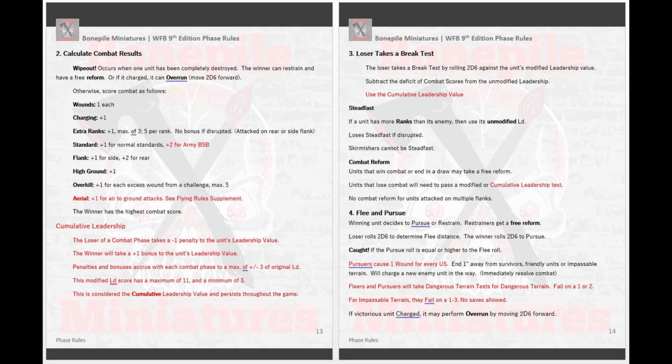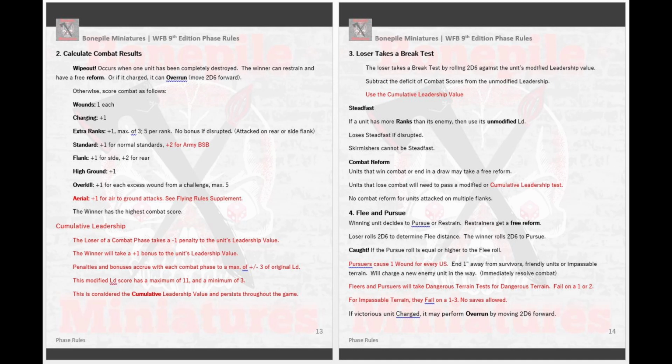It says, the loser of a combat takes a -1 penalty to the unit's leadership value. The winner will take a +1 bonus to the unit's leadership value. Penalties and bonuses accrue with each combat phase to a maximum of ±3 of the original leadership.